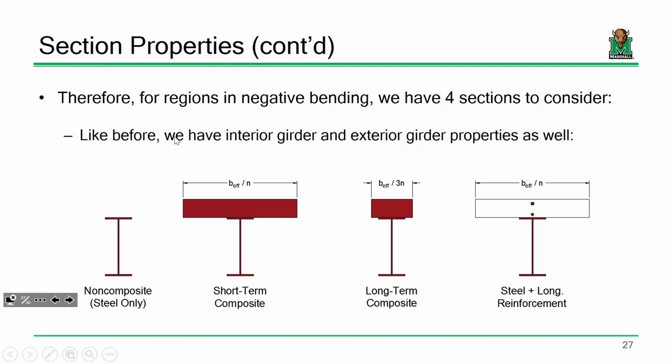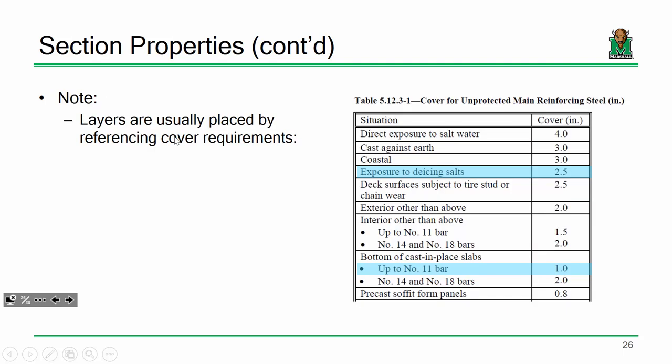That's pretty vague though. What's this whole up there and down there? Well, I place this rebar according to cover requirements. Y'all remember that? You have to have a certain amount of embedment and for corrosion issues and what have you. I go to the spec and I say, all right, let's look at cover requirements for reinforced concrete. Now for the top, since we're talking about an area like West Virginia where we're going to have a lot of de-icing salts on the top of the bridge deck, we got to have at least 2.5 inches of cover, okay?